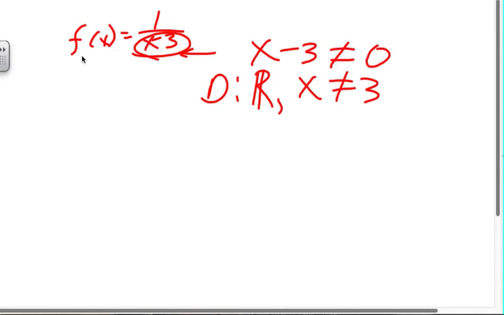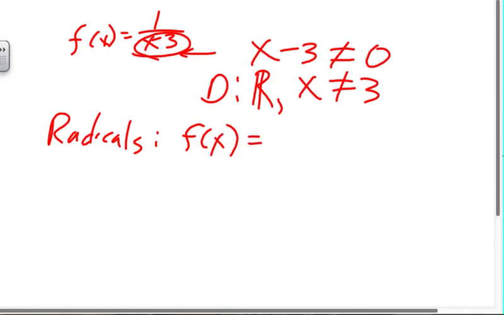Last thing is to talk about radicals. These are things like square roots. And this is one of the things that Amarillo College has me testing you on, finding the domain of radicals.